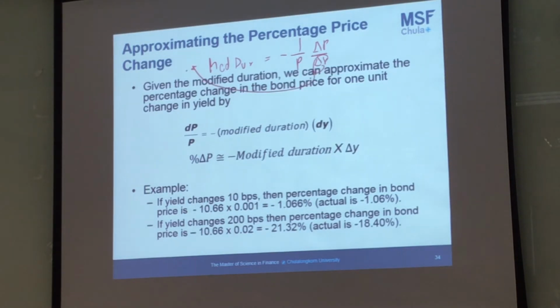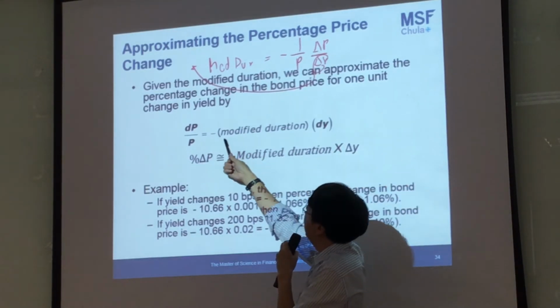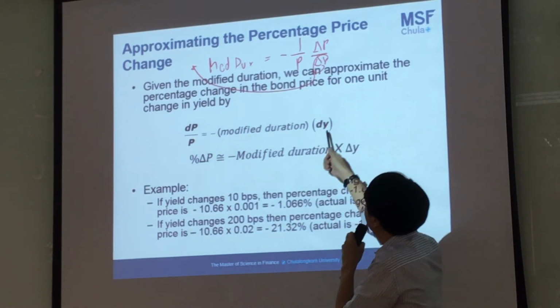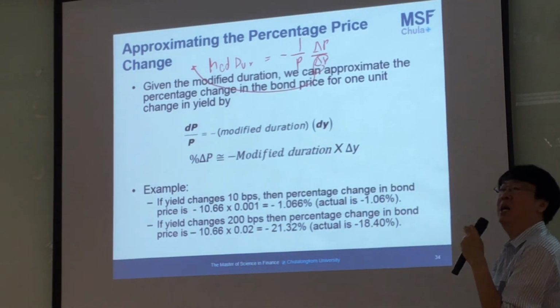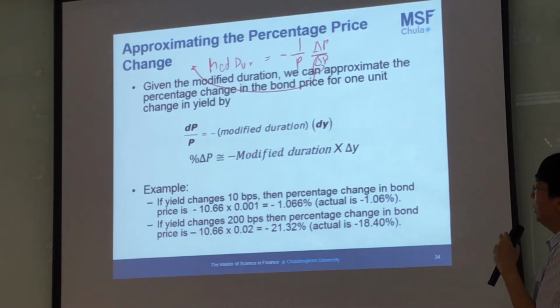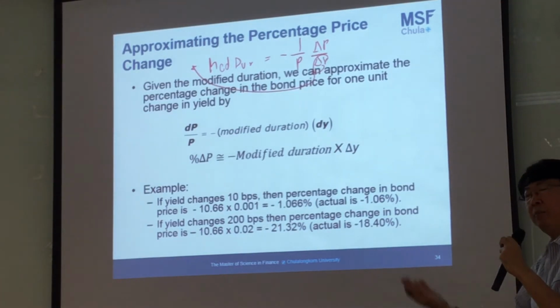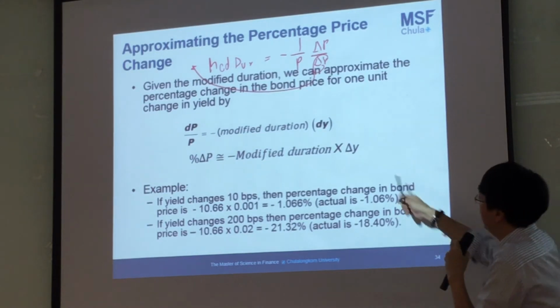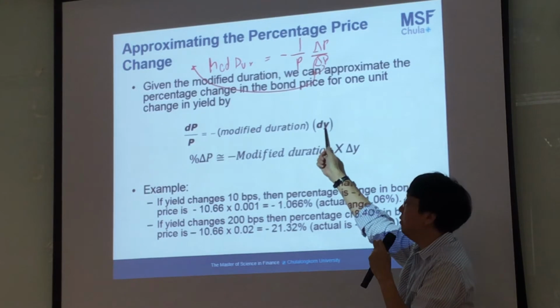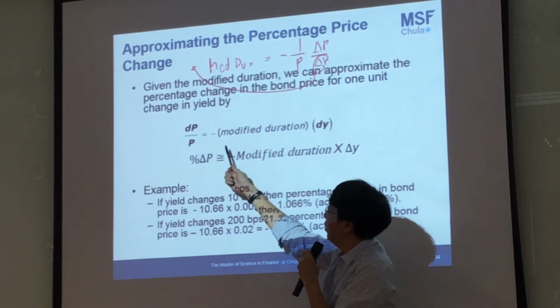So you have delta P or dP over P, the price of the bond, equal to minus the modified duration, the inverse relationship, multiplied by dY or dR. And this is the change of the bond price given the change of the yield. You just plug in the change of the yield to get the change of the bond price.